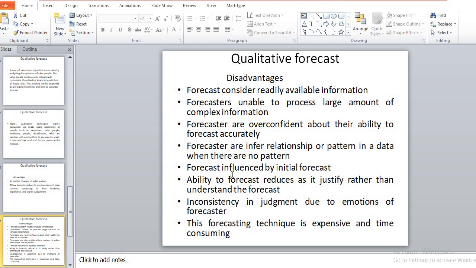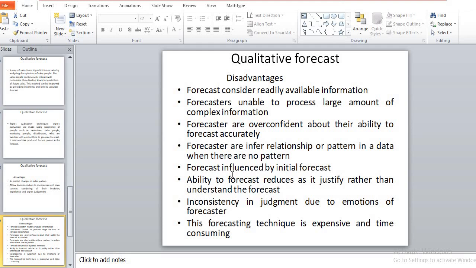So this is another disadvantage. And it depends on the opinion of a particular group. This may make forecasters overconfident about their ability to forecast accurately. So some people may be overconfident about the forecasting of that particular product.